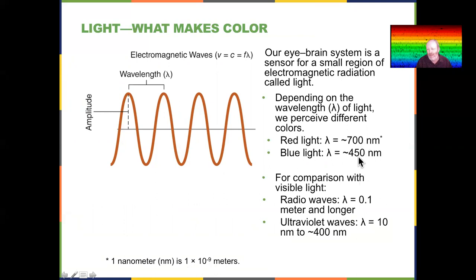Blue light is 450. So that's a big drop just in this little rainbow area where I'm sort of sitting along the way. So when we're talking about ultraviolet, we're getting much less than this. They get shorter and shorter and shorter very quickly. Radio waves get longer and longer along the way.